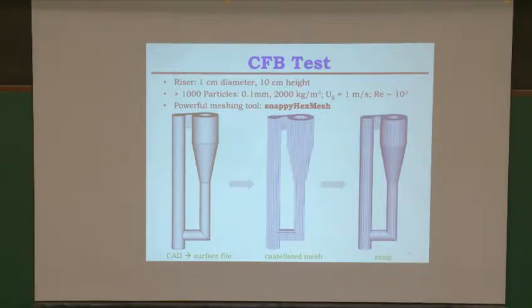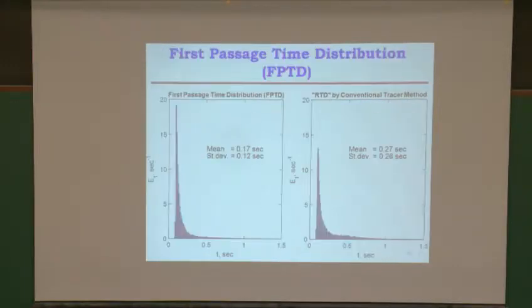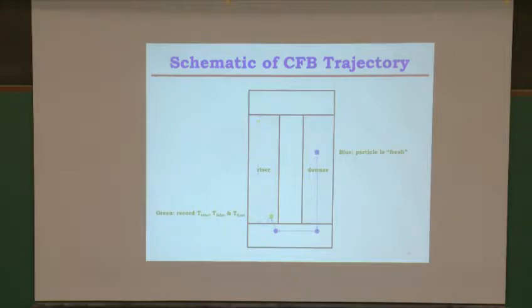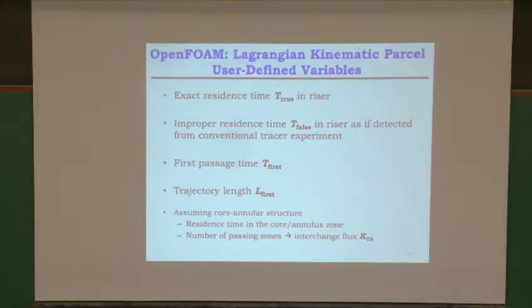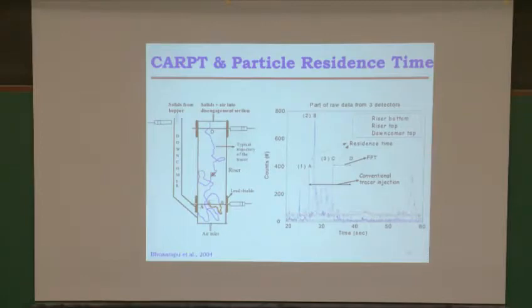A question about the ergodic equivalence of a single particle approximation of the RTD versus the conventional RTD, where you have a cloud of particles traveling with about the same history.